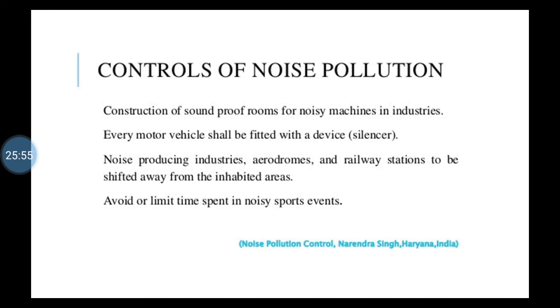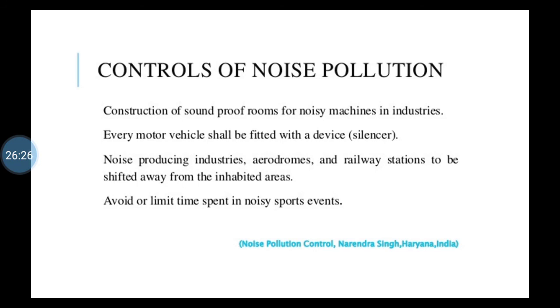Now prevention and control of noise we must also know. So how can the noise pollution be controlled? One is construction of soundproof rooms for noisy machines in industries. So in industries, sound absorbers may be installed, or the machines which produce noise should be separated in a soundproof room.